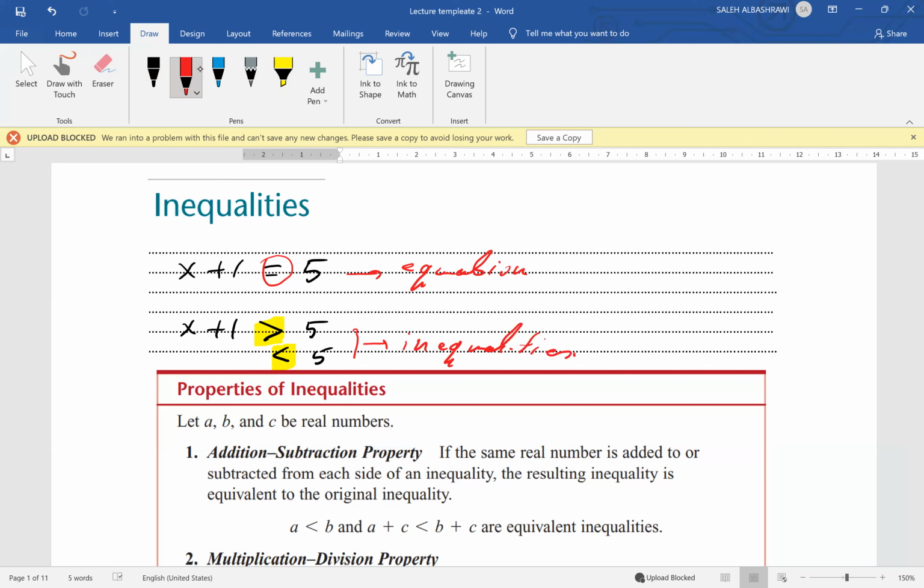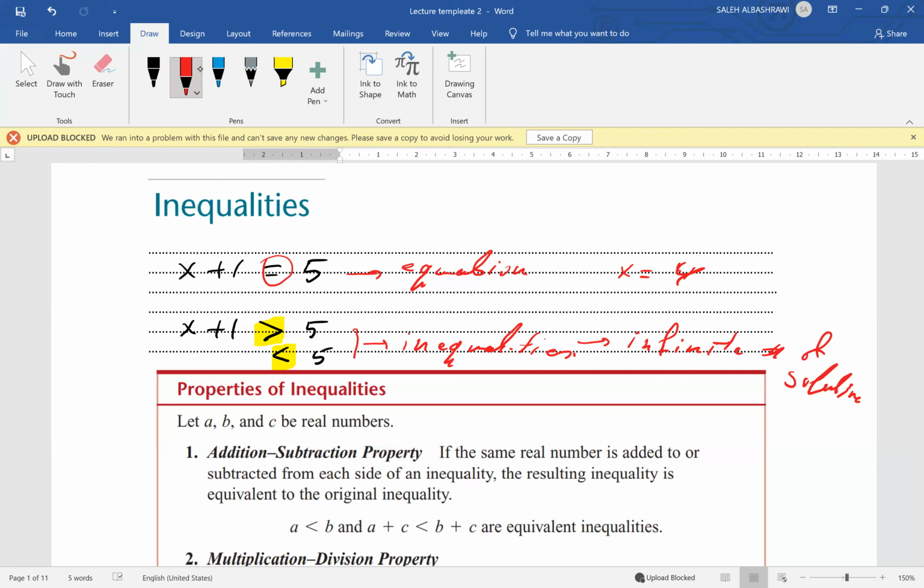Another thing: for the equation x plus 1 equal to 5, we know that the solution x equal to 4. It is only one solution. If it is a conditional equation, I can say x equal to 4. But for the inequality, we will usually have an infinite number of solutions.